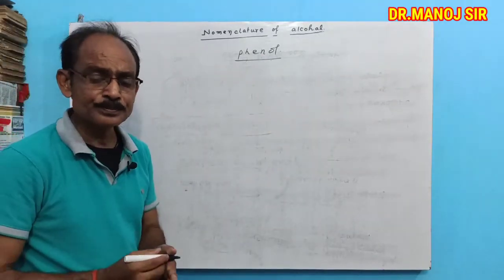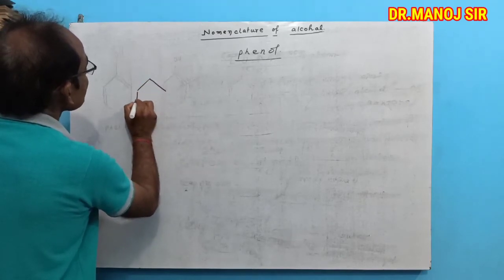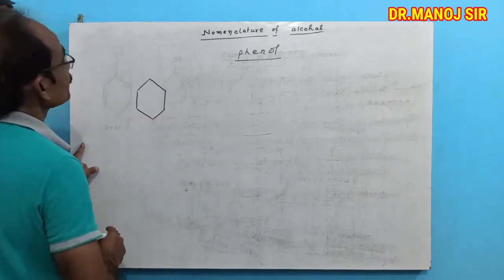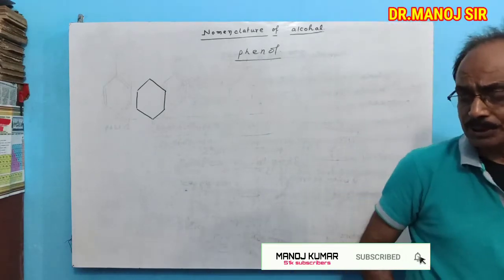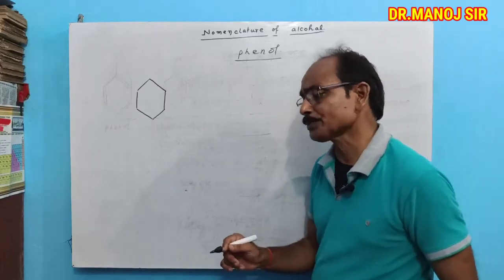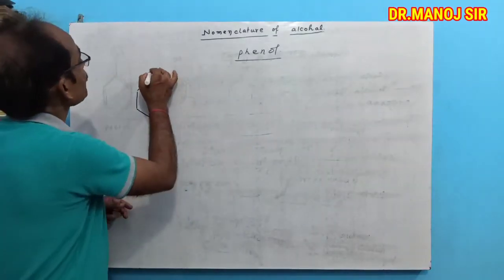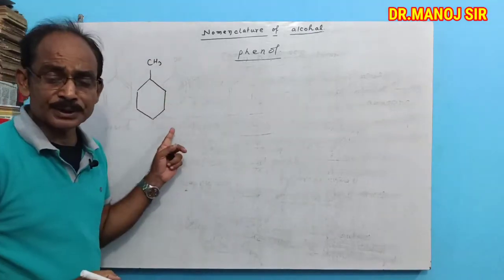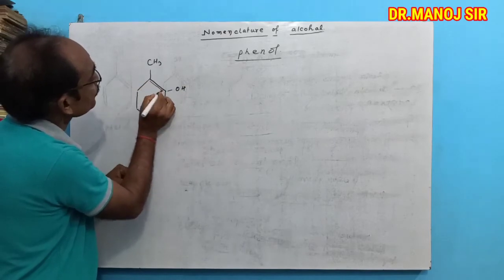That is, if the structure of benzene is drawn, as you know, the structure of benzene has alternating single and double bonds of sp2 hybridization, which is bonded by CH3 and OH.